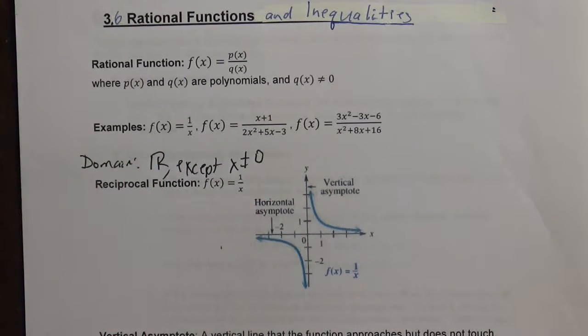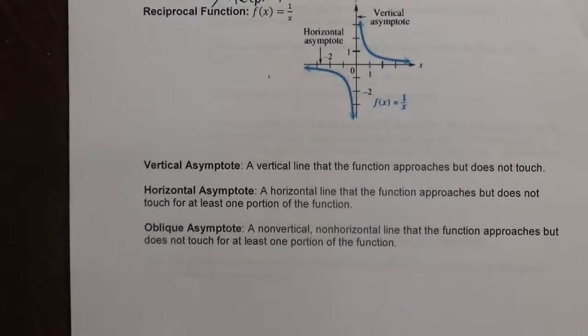It also happens to have a horizontal asymptote at the x-axis, and that means that our graph can never touch or cross the x-axis. So an asymptote simply means that you have a line. It might be a vertical line, it might be a horizontal line, but you've got this boundary that your graph can never touch or cross. That's what an asymptote is going to do. So looking at the bottom of the page, we've got a vertical asymptote.